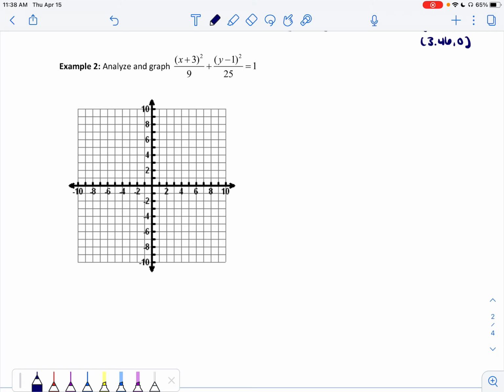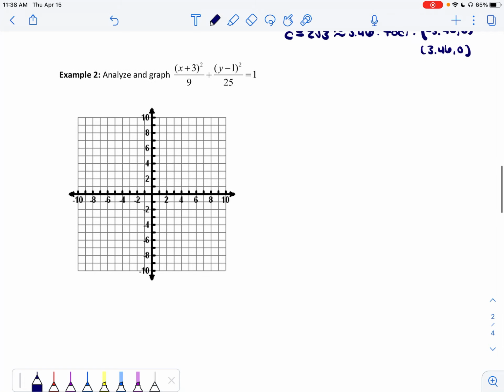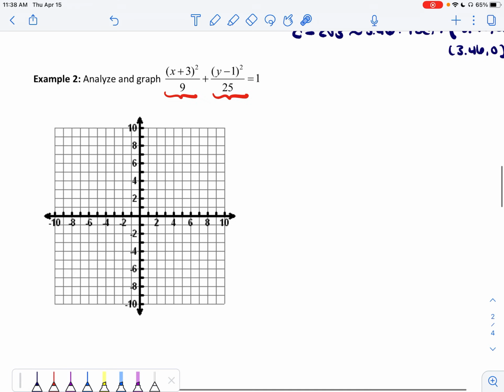All right, so looking at this, again, we know that we always have an a squared and a b squared in the denominators. So we want to think about the square roots of these. And always remember that the a value is the bigger number. So in this case, the 25 is the bigger number, so that's going to be our a.